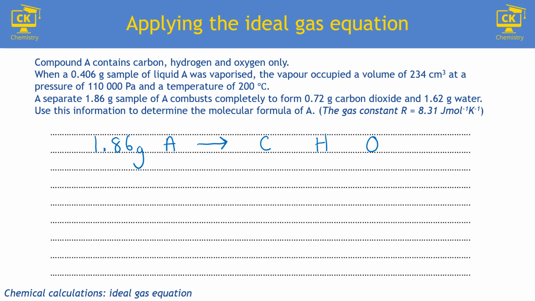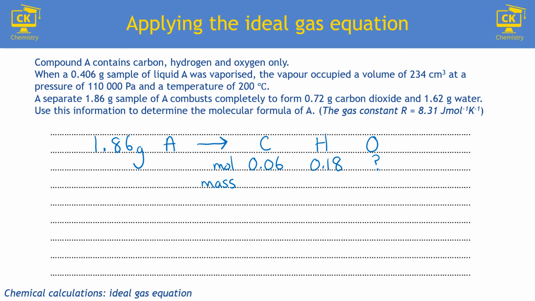We also know that this is made up of 0.06 moles and 0.18 moles, and we don't know the moles of oxygen. We do know the whole thing weighs 1.86, and we do know the relative atomic masses of carbon and hydrogen.